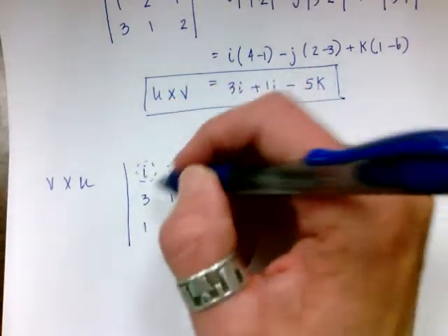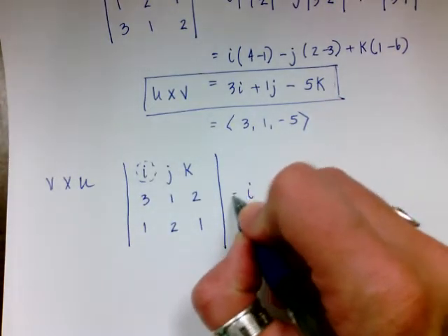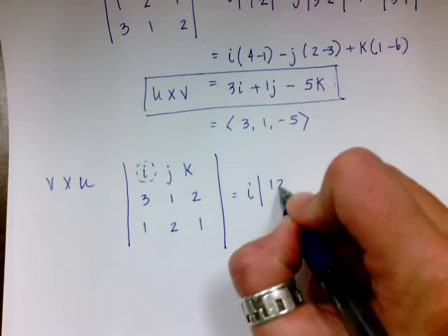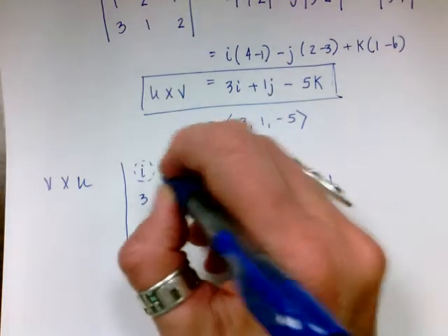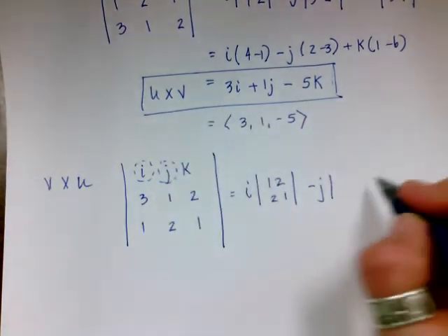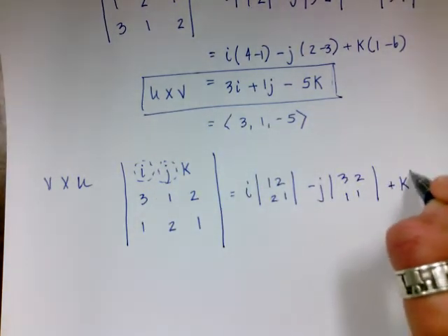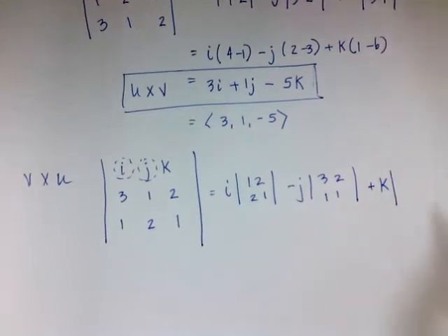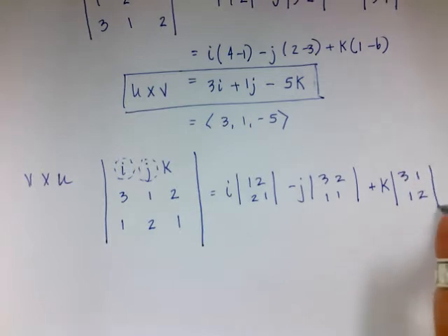So if I eliminate first row, first column, I'm left with I times 1, 2, 2, 1, always minus J. So I'm going to eliminate first row, second column, 3, 2, 1, 1, and then plus K, eliminate first row, third column, and I'm left with 3, 1, 1, 2.